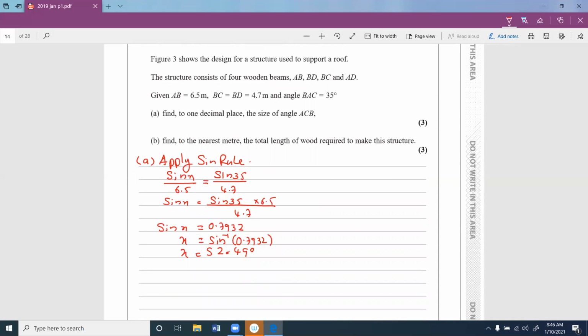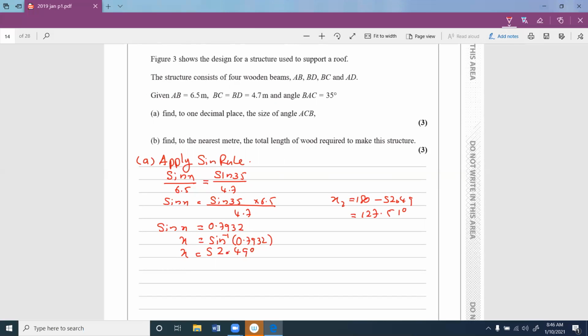How to find the second angle of sine? The first angle of sine is 52.49. You can find the second angle by 180 minus 52.49, and you get the answer 127.51.